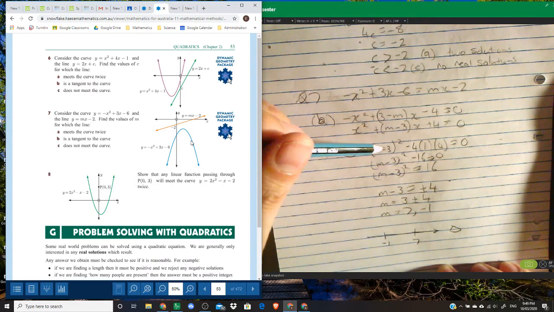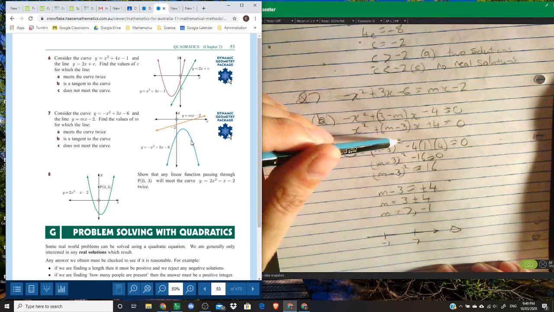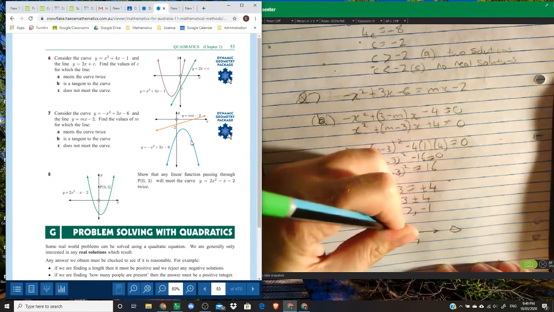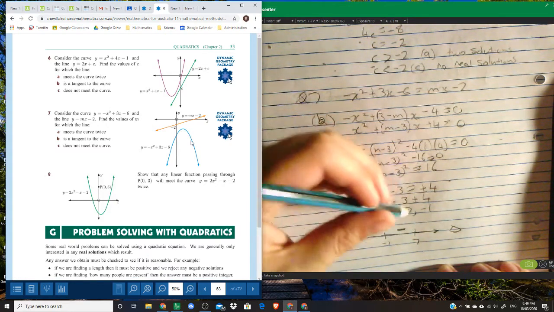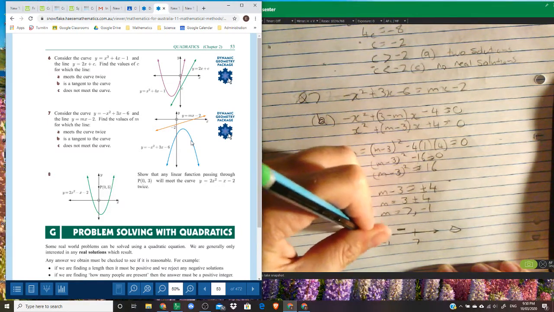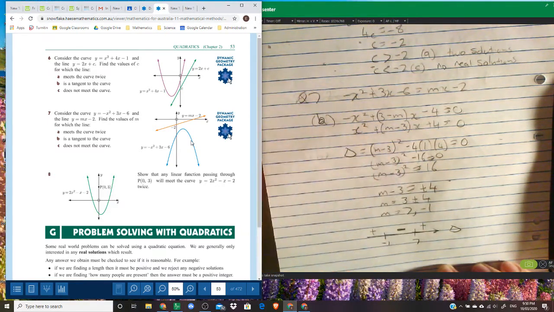If m equals 0, I've got 3 squared, that's 9, take 16, that's negative. Yeah, there's no solutions in that one, and outside of these two, there'll be positives. You can substitute numbers to check, but I'm pretty certain that's correct.